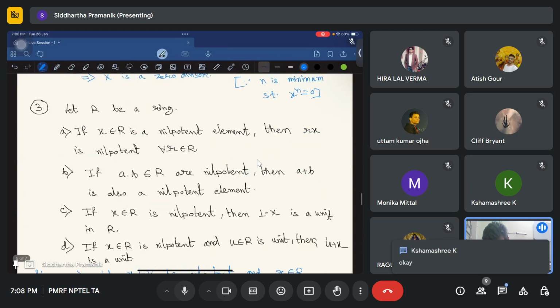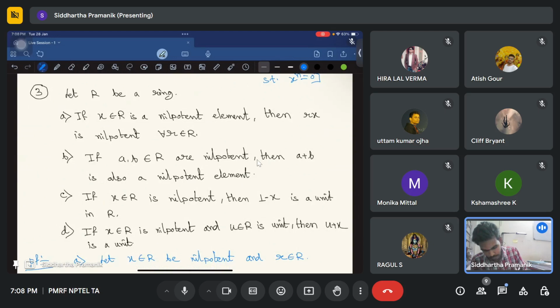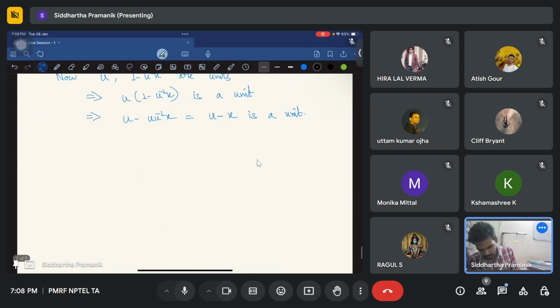Now let me give you an easy exercise out of this. That is very easy, but consider this set. Let me define it as A. A is the set of 1 minus x such that x belongs to R is nilpotent.